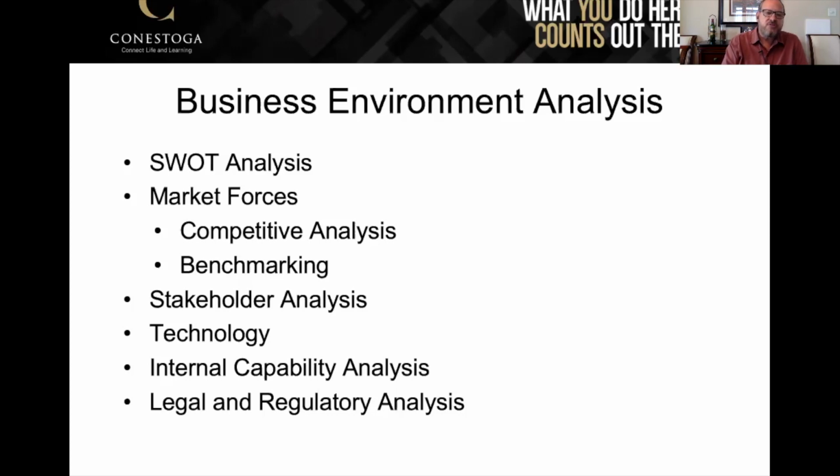SWOT stands for strengths, weaknesses, opportunities, and threats. It's an assessment tool where you look at your strengths and weaknesses, and then you look at the opportunities and threats in the world around you. And between all four of those elements, you try to come up with some of the best things for you to do in the circumstance you find yourself in now. So it's one of the tools that you would use as inputs to your planning.